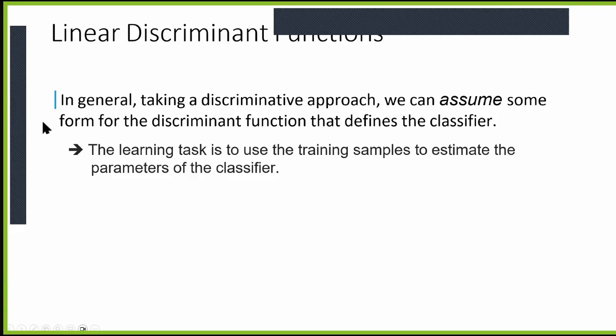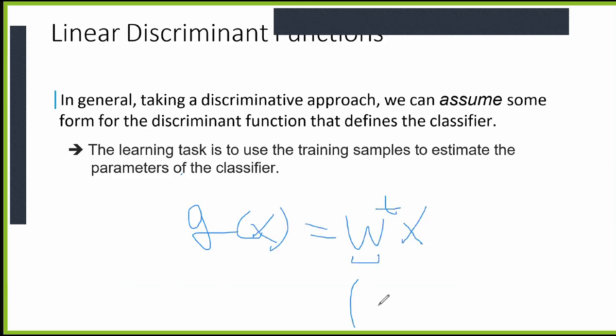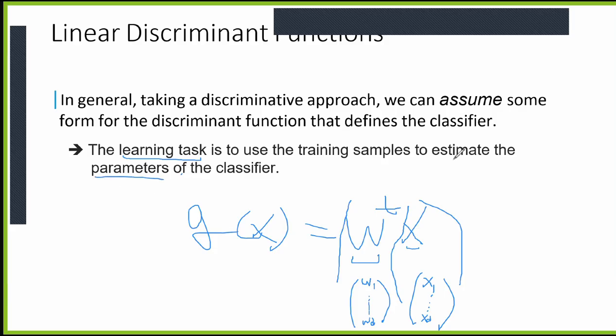For the linear discriminant function, we are basically having a d-dimensional feature vector with a weight vector, which is also d-dimensional. Because this feature vector comes from the data, the weight vector is the parameter we want to estimate using the training sample. So the learning task is to optimize this weight vector.